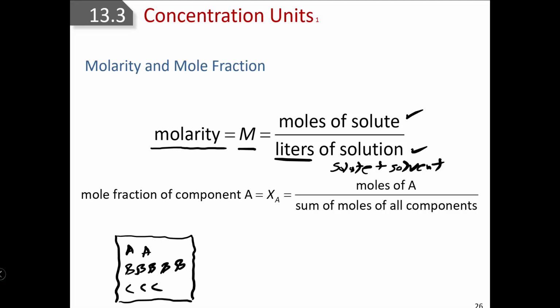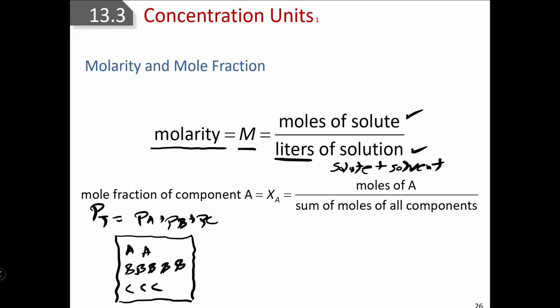So I have substance A, substance B, substance C, and if you remember, when we did gases in Chem 170, we talked about Dalton's law. It said the total pressure is equal to the partial pressure of A plus the partial pressure of B plus the partial pressure of C.